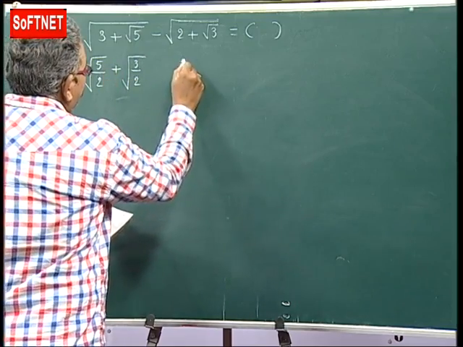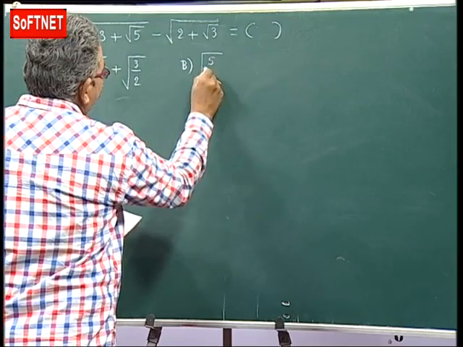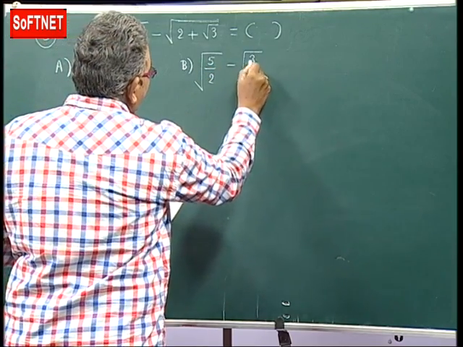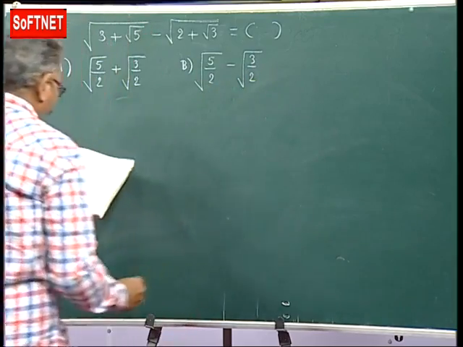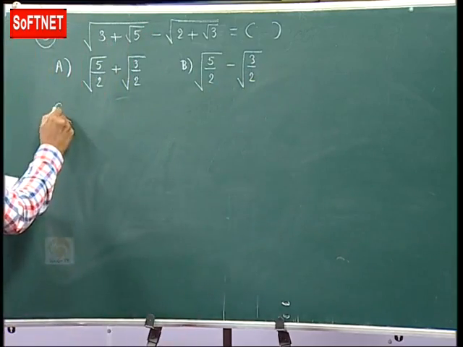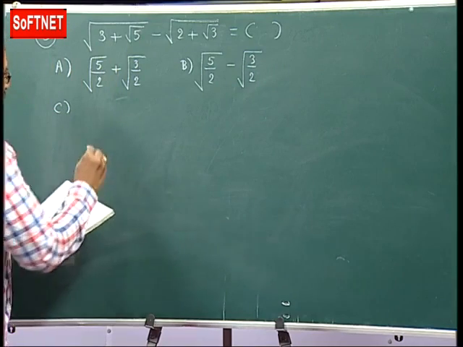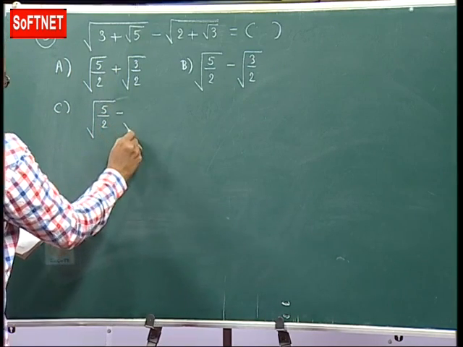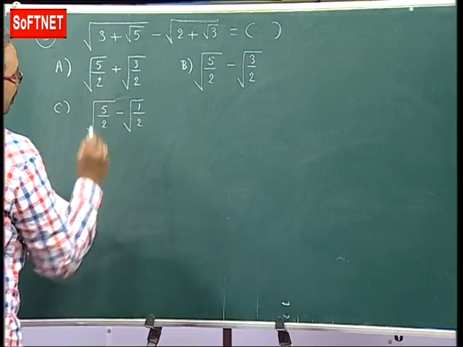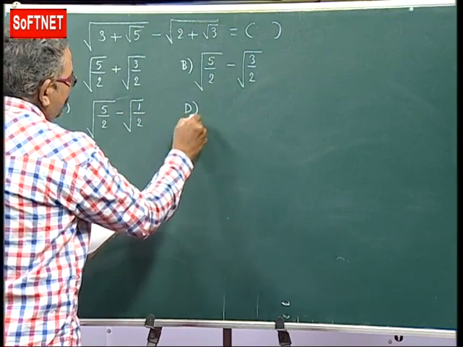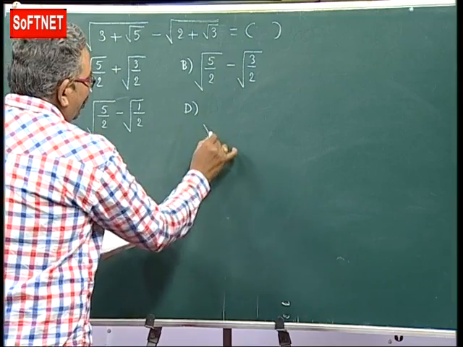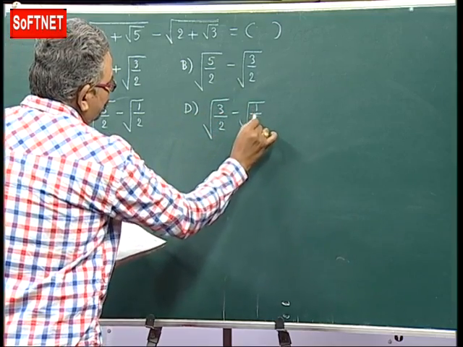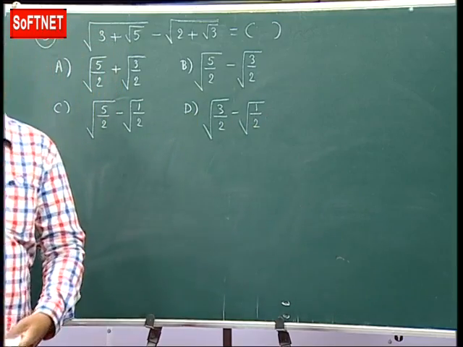Option B: root of 5 by 2 minus root of 3 by 2. Option C: root of 5 by 2 minus root of 1 by 2. Option D: root of 3 by 2 minus root of 1 by 2. This is the problem.